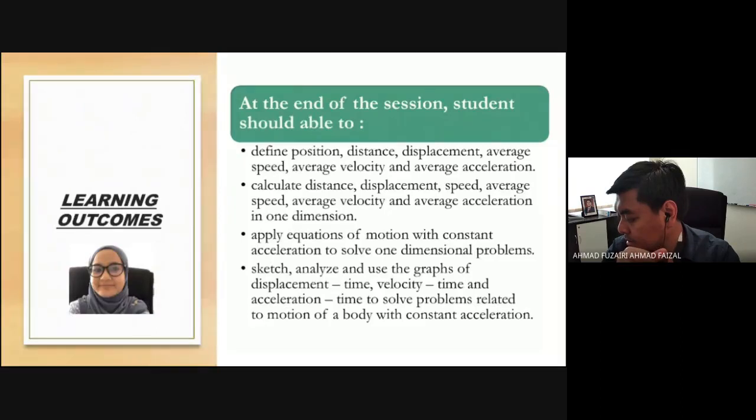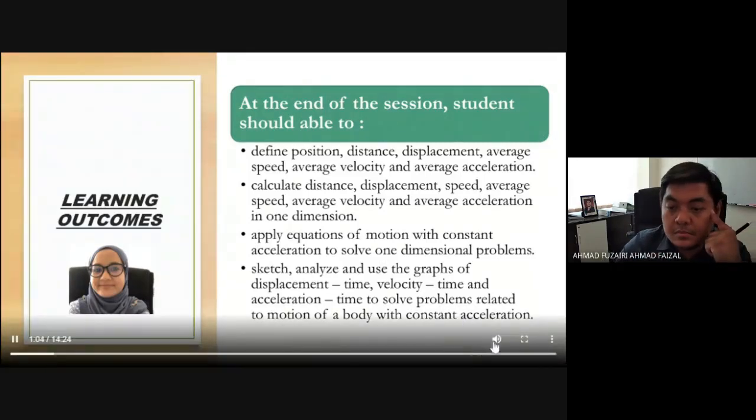In order to study all the subtopics given, there are 4 learning outcomes to be achieved by the student at the end of the session. Number 1, students should be able to define all the parameters for the motion in one dimension, such as position, distance, displacement, average speed, average velocity, and average acceleration. Number 2, students should be able to calculate all the parameters involved in the linear motion.